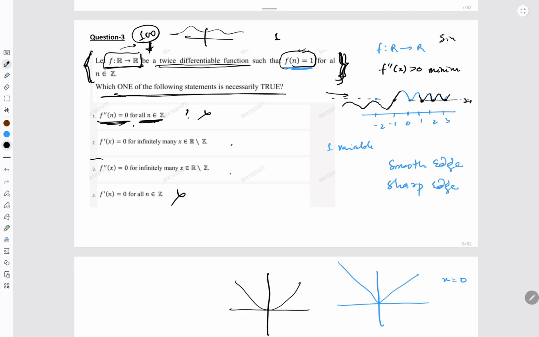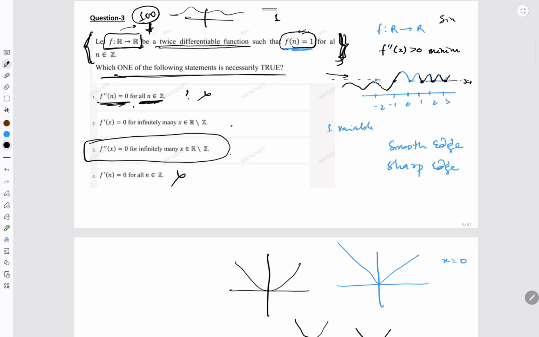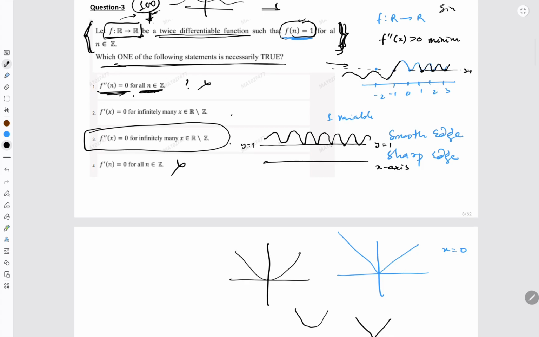Now let's look at this option. Let me draw one more function belonging to the family of this function. Let's say this is my x-axis, and this is my line y equal to 1. I can draw a function like this, same as this, but it will not cross like this. It will be like this only. Let's say these are integer values where the value is 1.